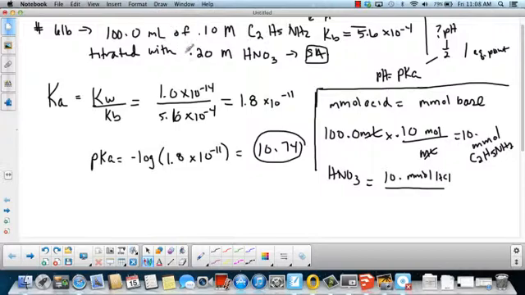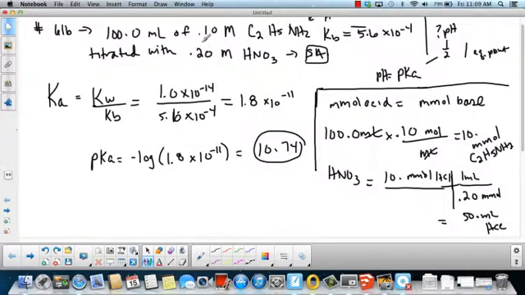Now, since this is twice as concentrated, it's going to end up being 50 mils. The way I can calculate that: if I have 10 millimoles, my concentration is 0.20, a backwards molarity. So that means that I needed 50 mils of the acid.